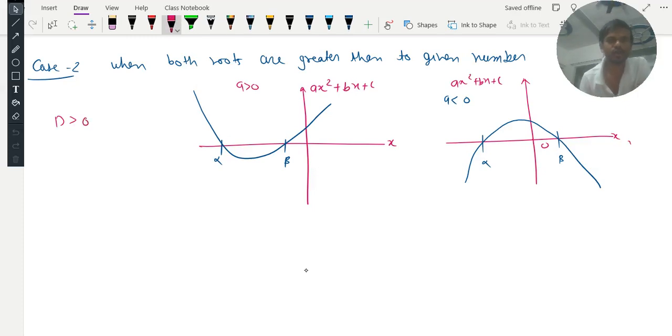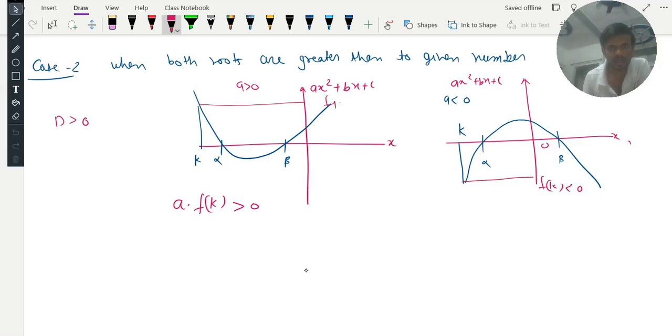Okay, so there will be a number k for which alpha and beta will always be greater than k. In this case, if we are finding a into f(k), it will also be greater than 0. Here a is less than 0 and the value of f(k) is always less than 0, and here the value of f(k) will always be greater than 0.